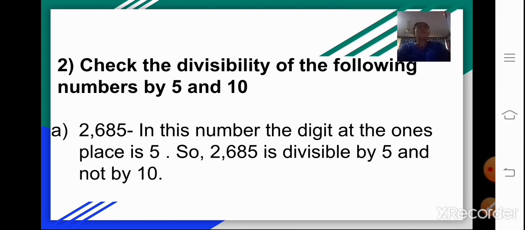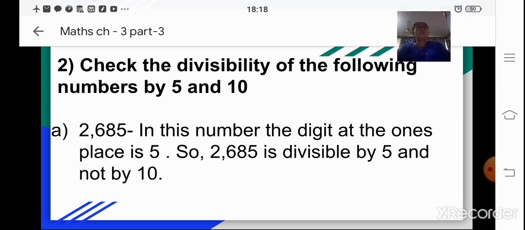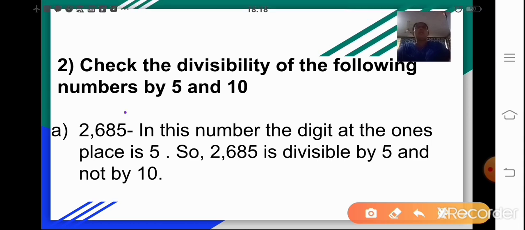Whereas in this number, that is 2685, the number in the ones place is 5. So this number is divisible by 5 but not by 10. Why not by 10? Because the number is not 0 in the ones place. The number is 5. So it is divisible by 5 but it is not divisible by 10.